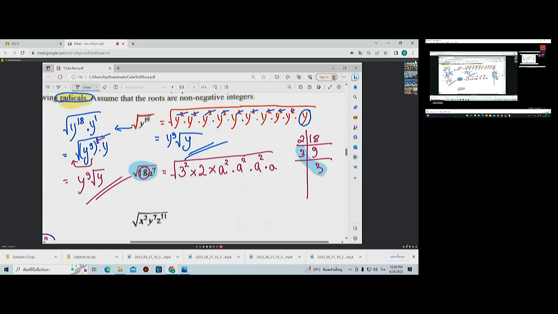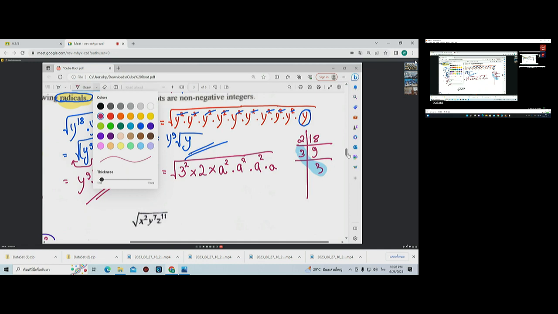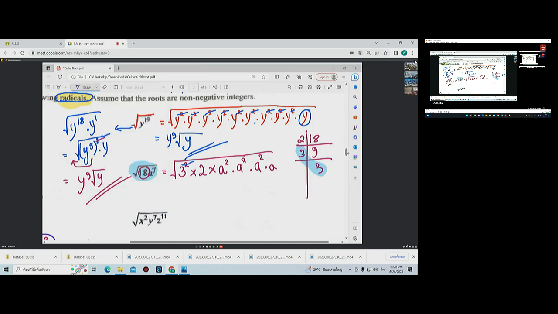Understand? 2, 4, 6, sorry, 7. So now we take out the squares outside. That means 3 comes out, a cube comes out. Understand? Root 2a. Yes, 2a. Do you get this? 3a cube times root 2a.